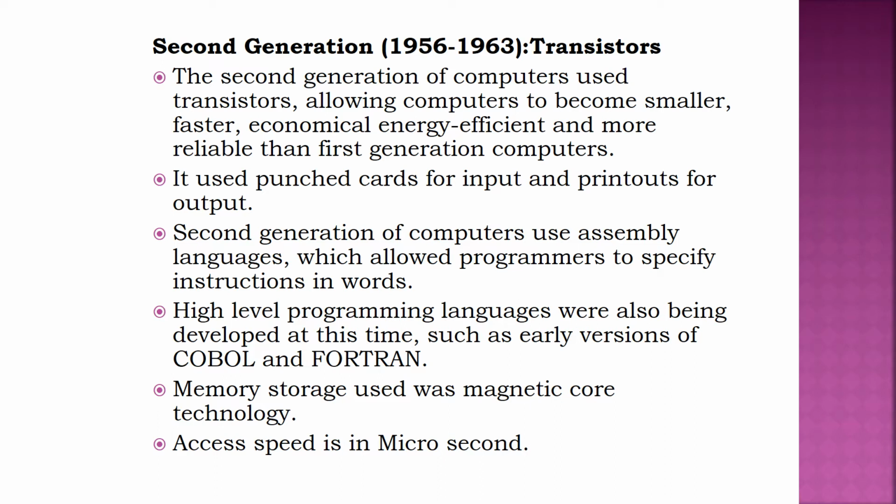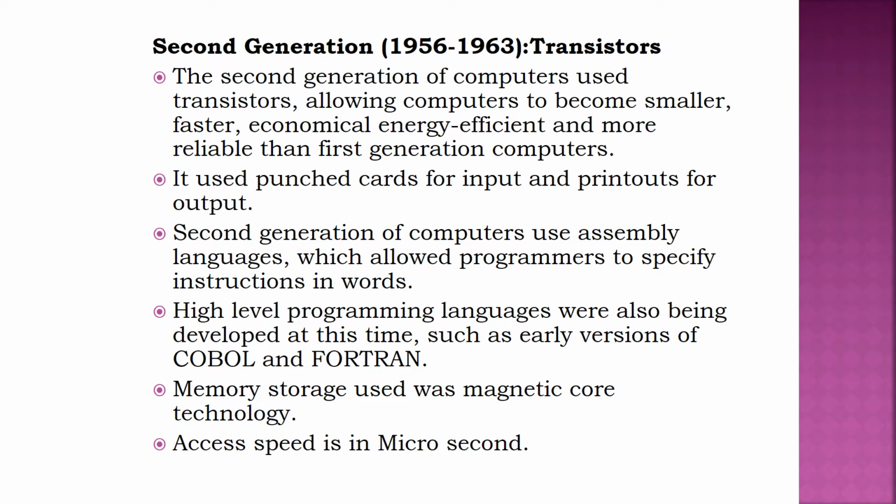It used punch cards for input and printouts for output. It used assembly language, which allows the programmer to specify instructions in words. High-level programming languages such as COBOL and Fortran were also being developed. The memory storage used magnetic core technology, and the access speed was in nanoseconds.